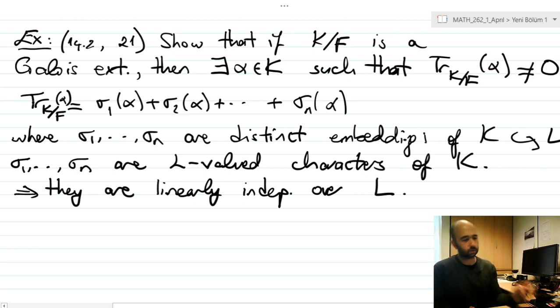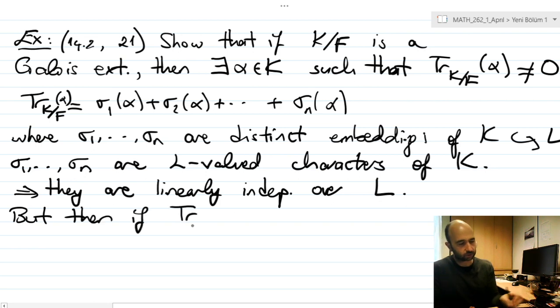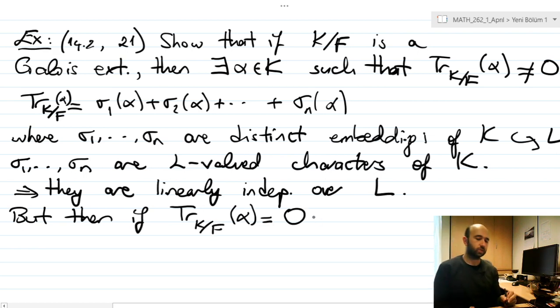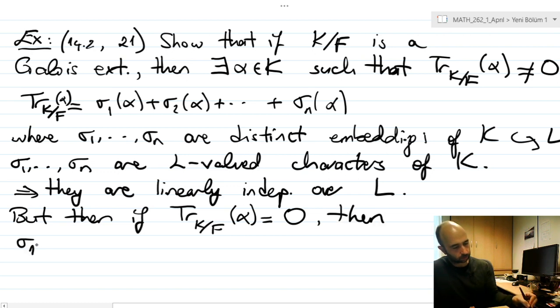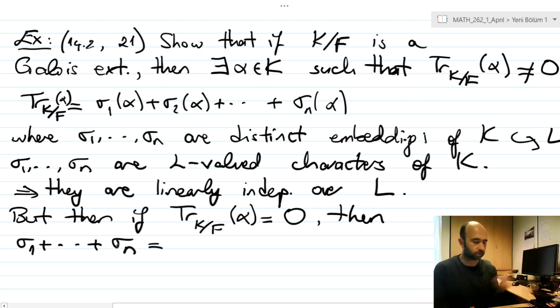But if you have all these traces to be 0, then what does this mean? This means that as a function, the sum of all these characters is equal to, well, the sum of characters is a function, it's no more a character.